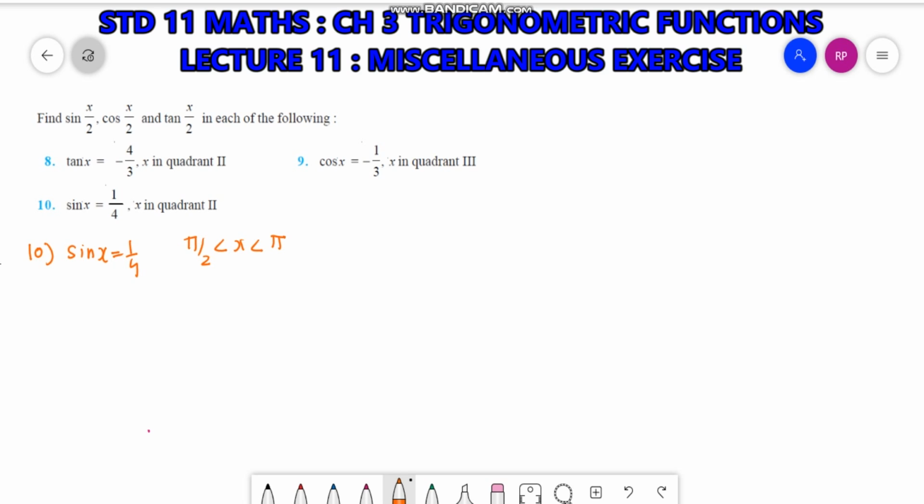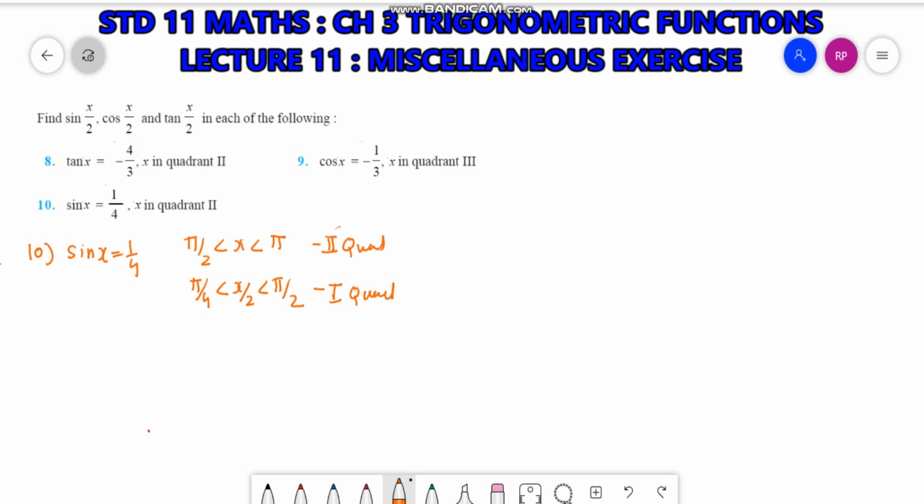Now I want cos x by 2, sin x by 2, tan x by 2. So divide by 2: pi by 2 upon 2 is pi by 4, and x by 2 will be pi by 2. Right, x is in second quadrant, and x by 2, from pi by 4 to pi by 2, that will be first quadrant.